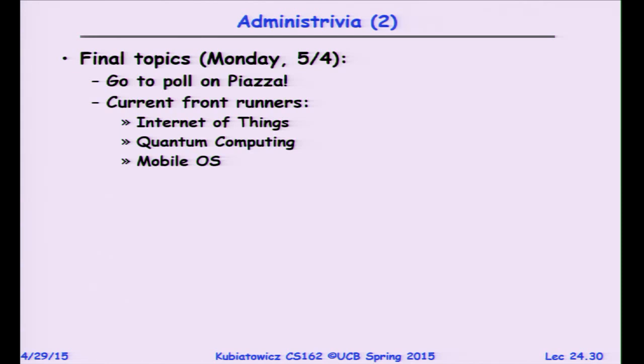You should go vote on what you want. As it is right now, I may talk about Internet of Things for half and quantum computing for the other half, and maybe mobile OS will get thrown into Internet of Things. I don't know. I've had a lot of people ask, what does quantum computing have to do with operating systems? Nothing.